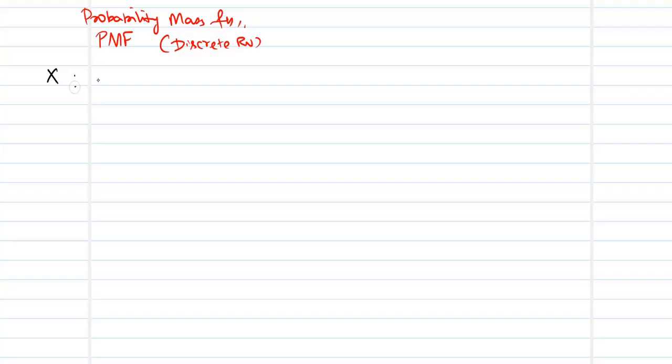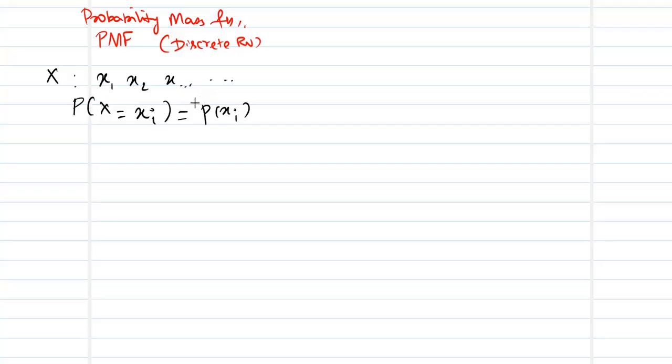So as we saw, a PMF, the probability mass function, is associated with a discrete random variable. And suppose we have capital X as the random variable that takes the values x1, x2, x3 and so on, in such a way that probability of X equal to the value xi is going to be p of xi.